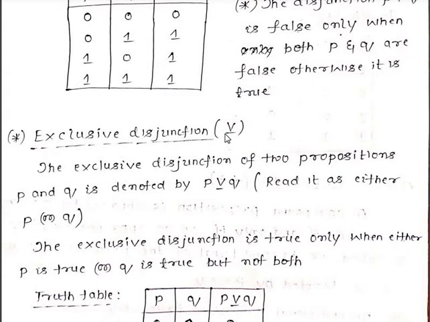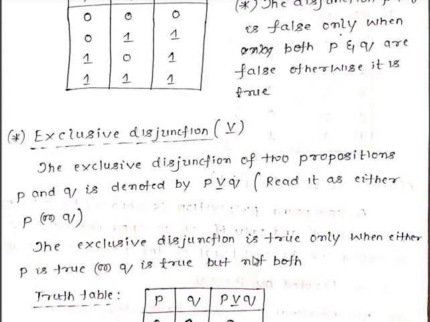The exclusive disjunction of two propositions P and Q is read as either P or Q. Very simple. If it is disjunction, we read it as P or Q. If it is exclusive disjunction, it is read as either P or Q.